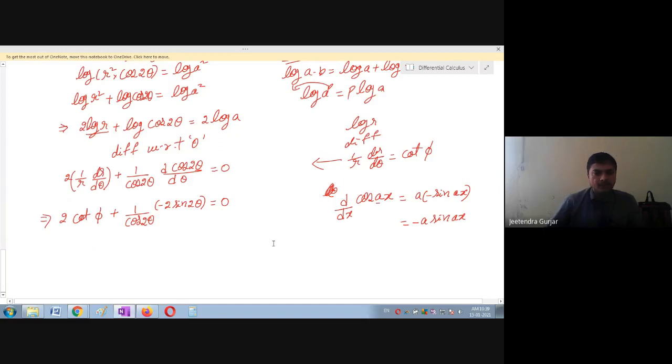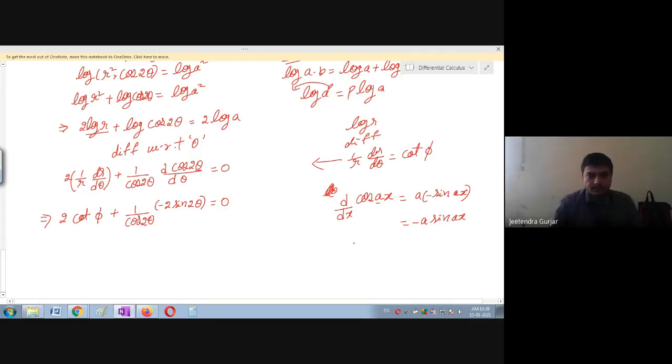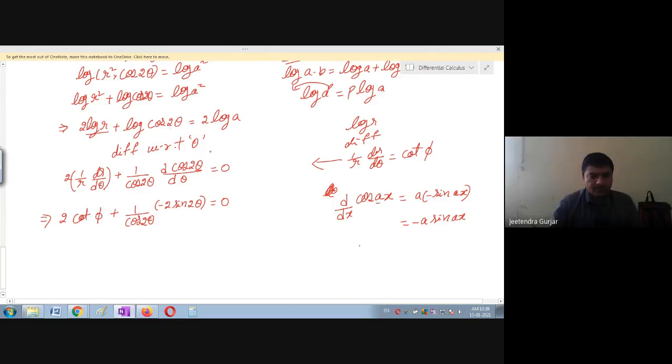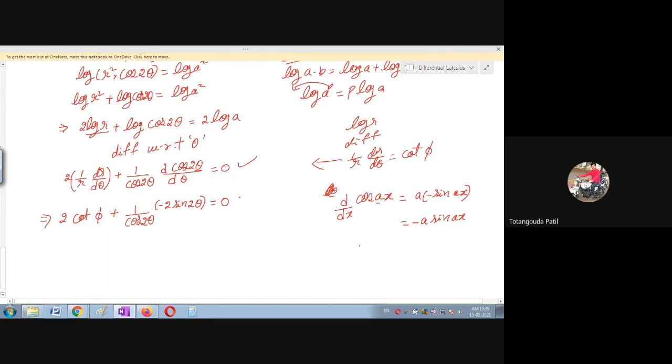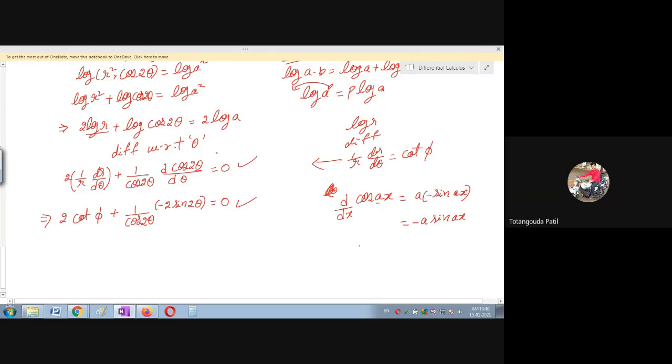Okay. Now what we have? Yes, tell me. Differentiation of cos 2 theta divided by d theta. Above step, yes, this one. Yes, you're right.